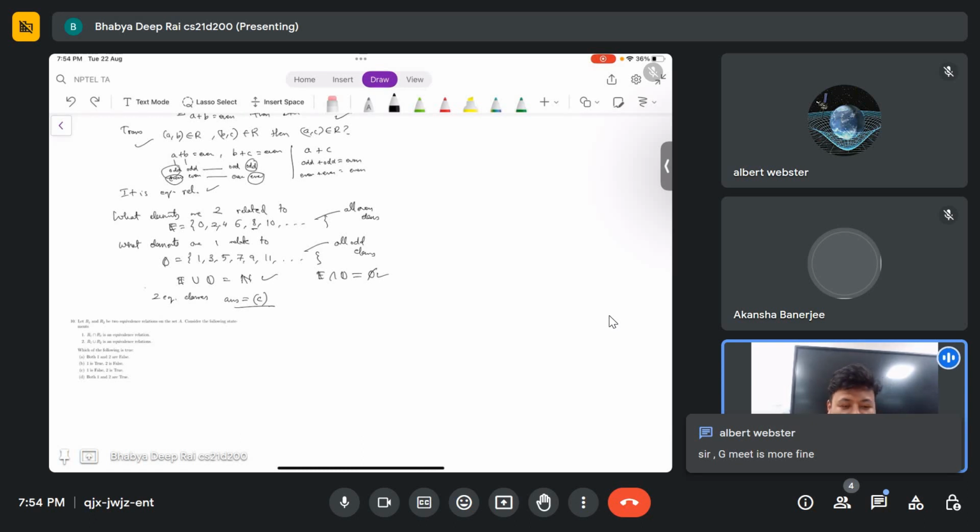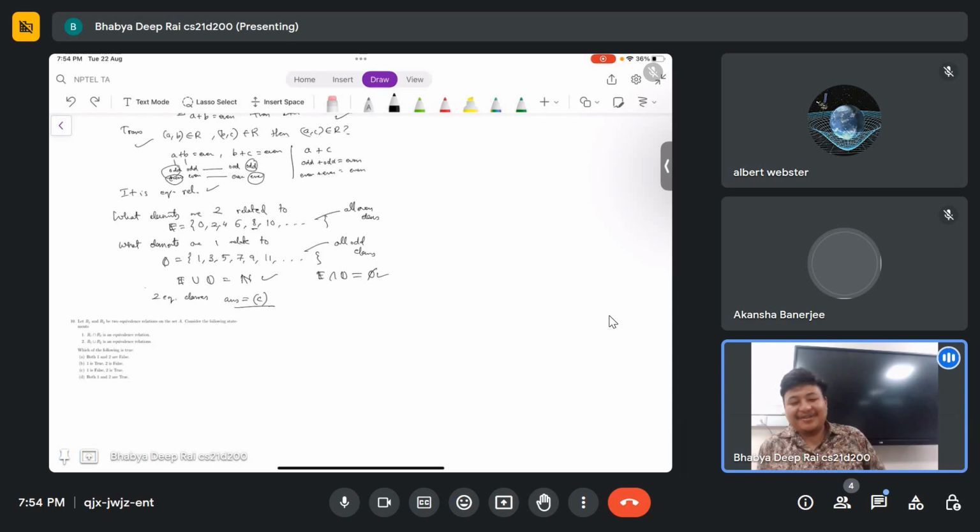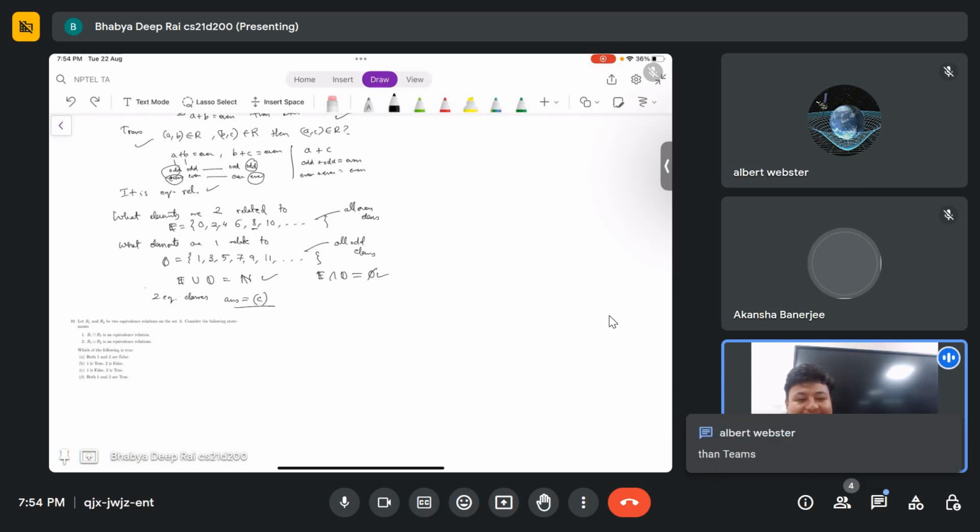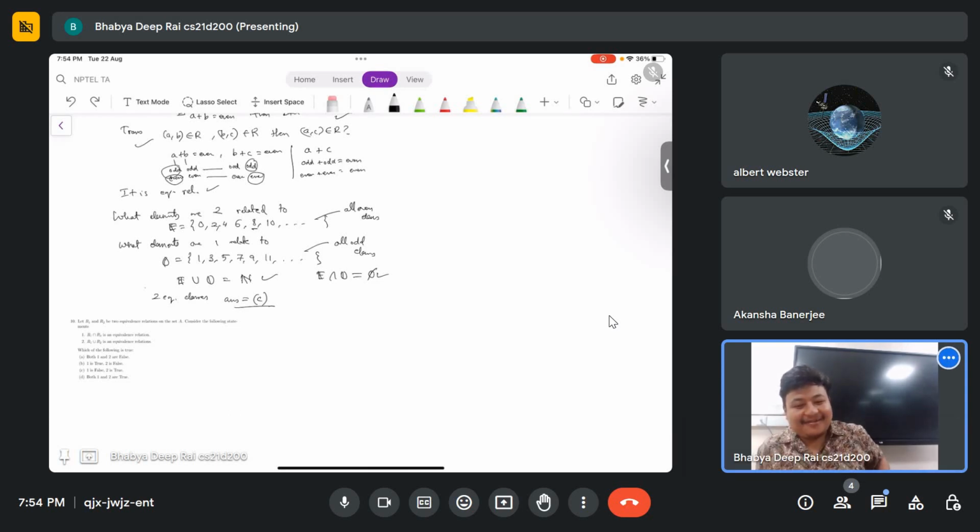So Gmeet is more fine. Yes, Gmeet is good, but I think it does not handle as many people as Teams. Oh, is it so? Yeah, Gmeet is more portable in that sense. Plus, you don't need to install any additional software.